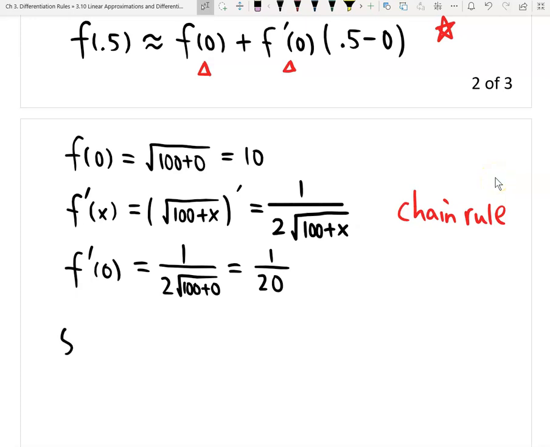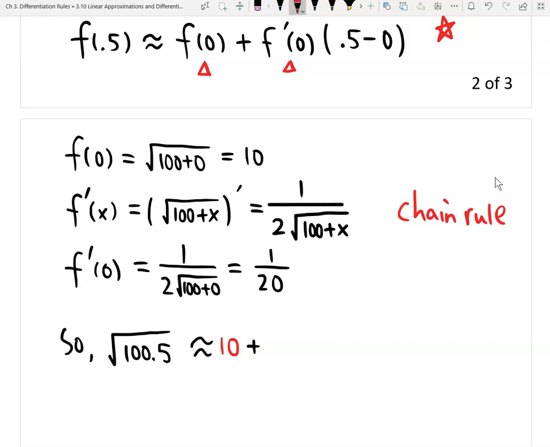So f at 0.5 exactly is 100.5 under the square root, and it is approximated by this. And what is f at 0? We plug back: f at 0 is 10. And then plus, what's the f prime?